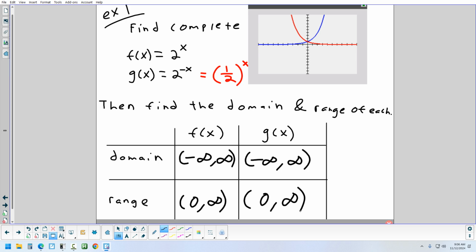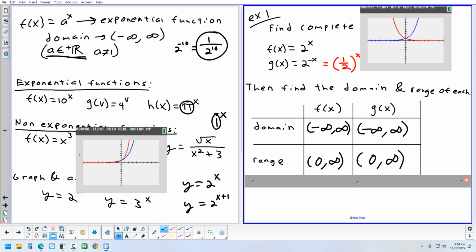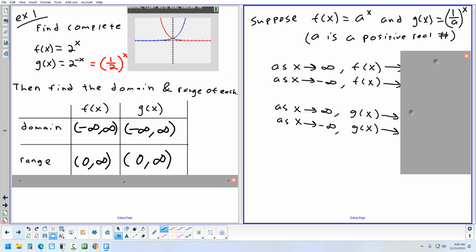Now, we looked at that specifically with a graph that had a base of 2 and a 1/2. But we can generalize that to any value of a. Okay, so here we looked at when a was 2. Now here I'm going to generalize it to a being any number. 3, 4, 5. Doesn't matter.